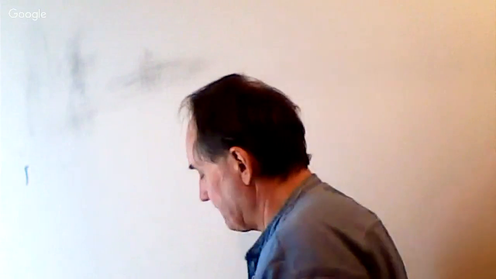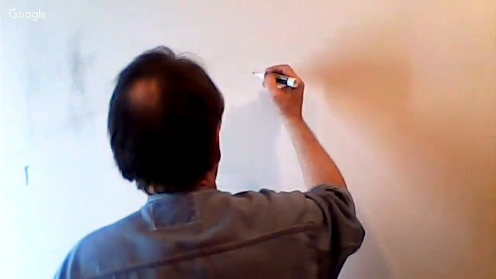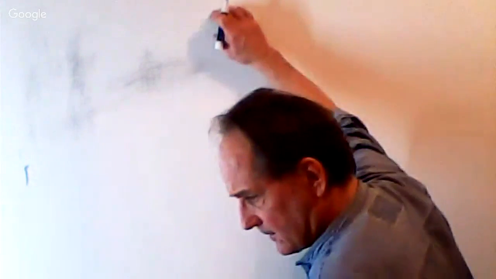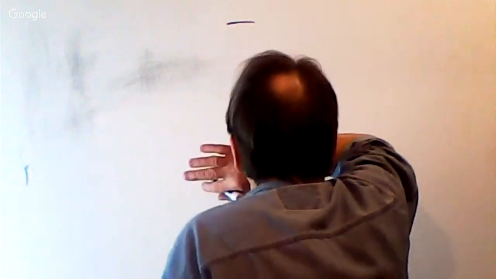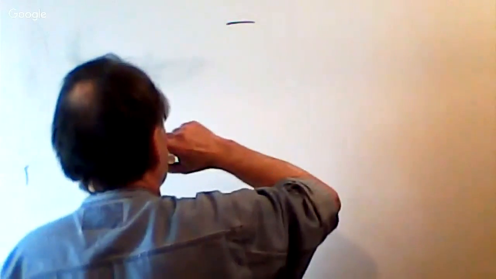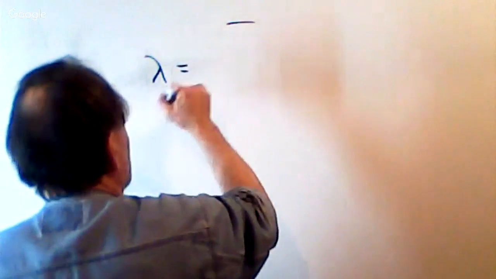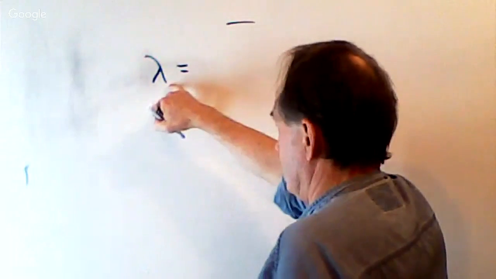So the wavelength of a 1 gigahertz signal, remember that the speed of light we designate with the symbol C. If we look at the relationship, the wavelength, which is in meters, this is a length.